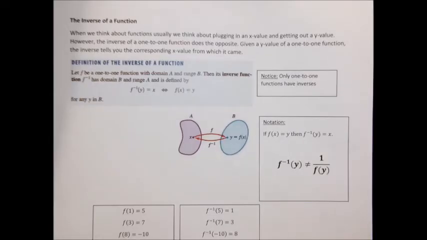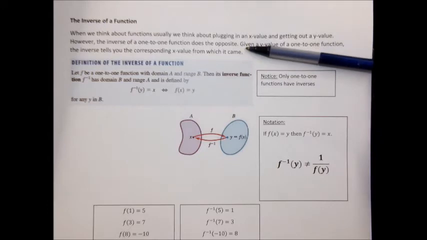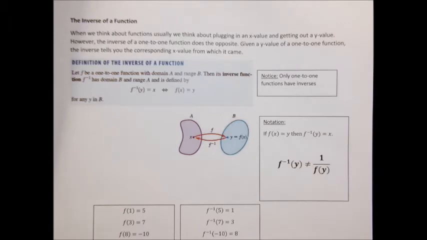So we just finished talking about one-to-one functions in the last section. And this section is a real natural progression from one-to-one functions, which is function inverses. And so what is a function inverse? Let's start there. That's what's being shown in this box here, and I'm kind of explaining it in the paragraph above. Usually we talk about plugging an x into a function and getting a y out.